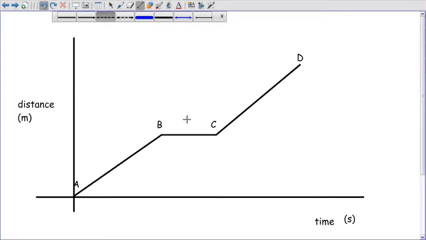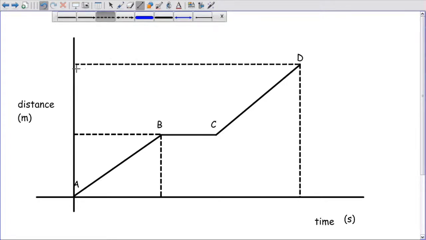More common ones are things like: calculate the average speed between B and D. That's how I'd set the question, to get the casual reader, the person that doesn't have a clue what they're doing. So what you do is you go to B and you do your dotted lines across to the axis so that you can read off your information. You go to D as well and read off your information.